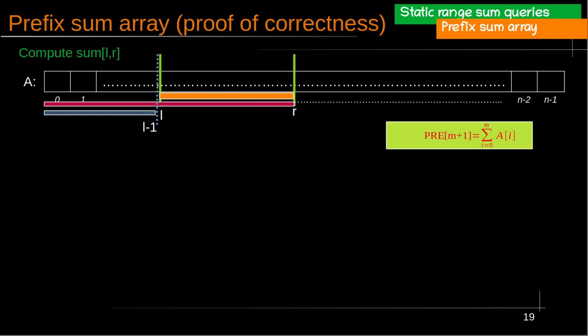Not L, we want to include L. So the sum from L to R in the original array is equal to the sum from 0 to R minus the sum from 0 to L minus 1 in the original array.